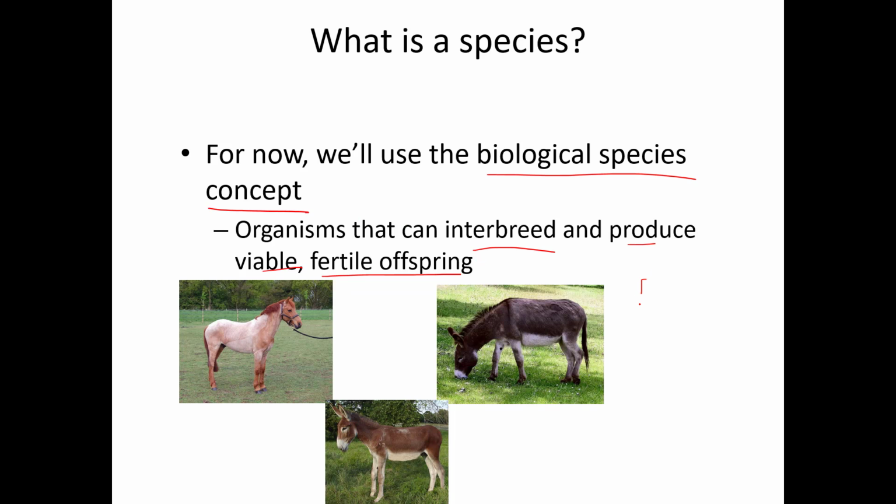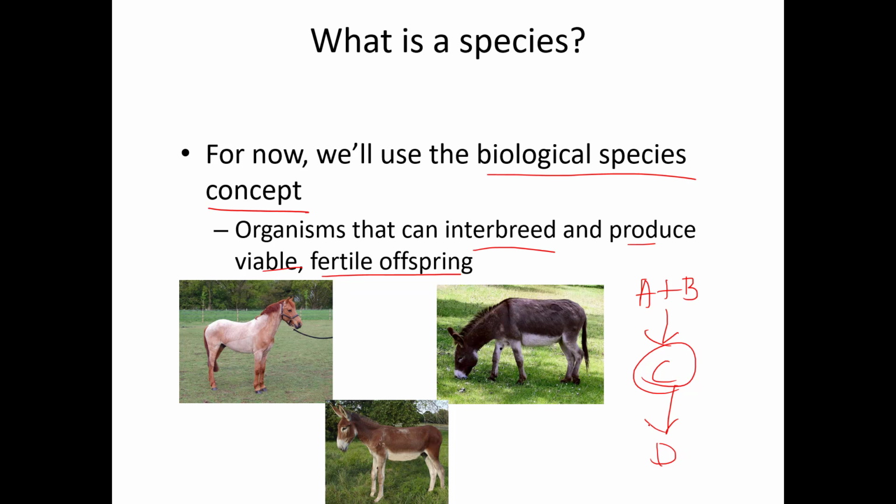So, if organism A plus organism B yields another organism, and that organism itself is viable, meaning it's alive, and fertile, meaning it can have its own babies, then A and B are considered the same species. They gave rise to a viable offspring that could survive and could have its own babies. Okay.